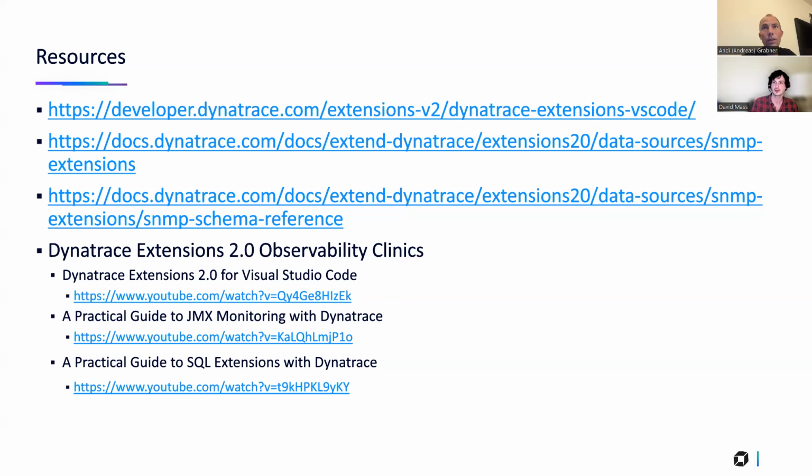Cool. And then the other thing I wanted to ask was just a confirmation, because you showed today how you can define the SNMP data source and all the other concepts of Extensions 2.0, meaning defining alerts, defining screens. All of this also works just the same as we've seen from JMX, from SQL, and in the general Extensions 2.0 introduction.